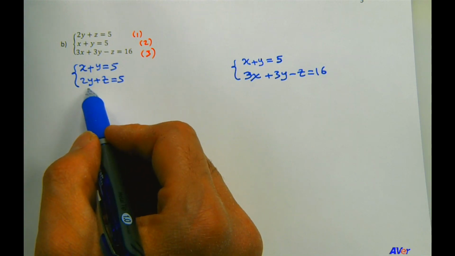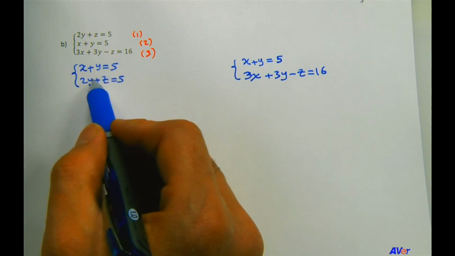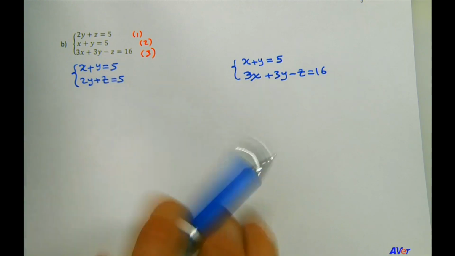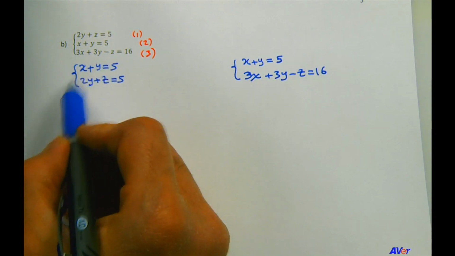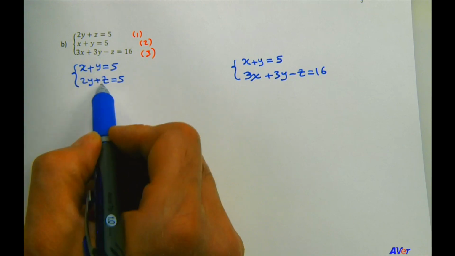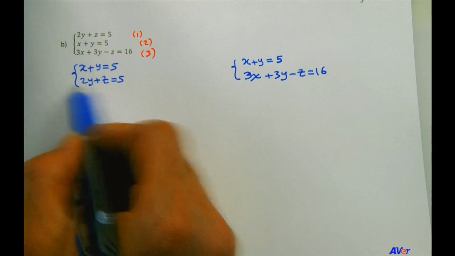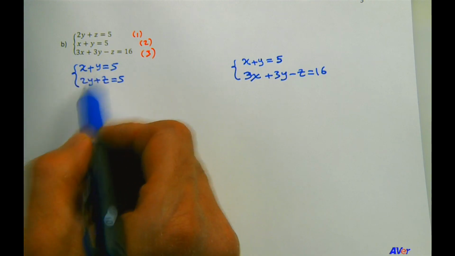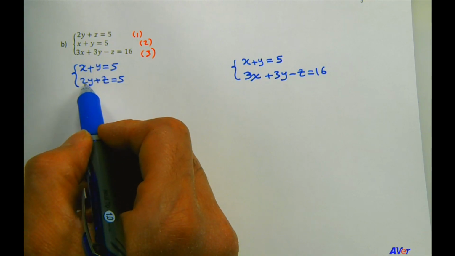If you look at this system, I wouldn't be able to eliminate x, right? Because x appears in one equation but not the other one. I wouldn't be able to eliminate z because z appears in this equation, not that. The only variable that appears in both equations is the y term.